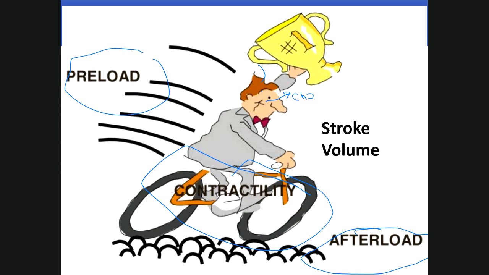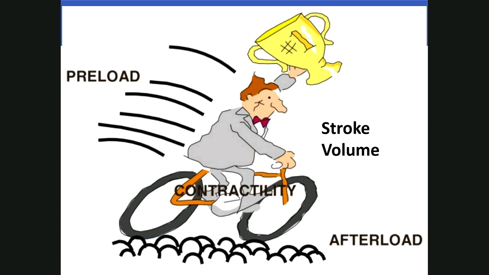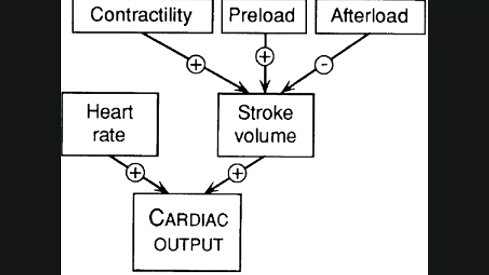He doesn't have much control over the wind. Wind just comes. And he also doesn't have much control over the road, whether or not it's bumpy or smooth. Somebody else has control over that. And so the same thing is true here. They all affect stroke volume. All of them do. But the one we have the most control over is how hard we make the heart squeeze.